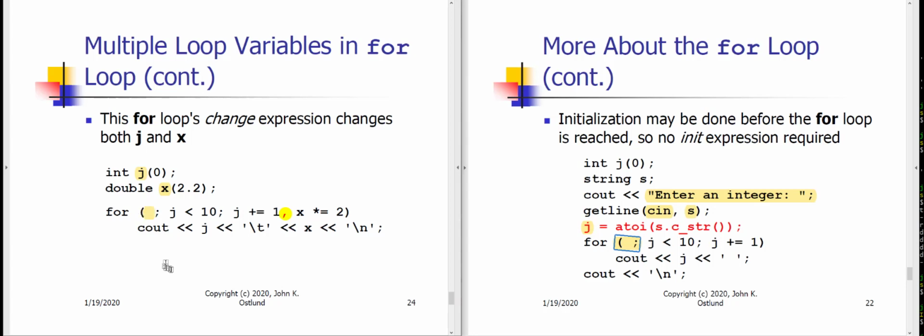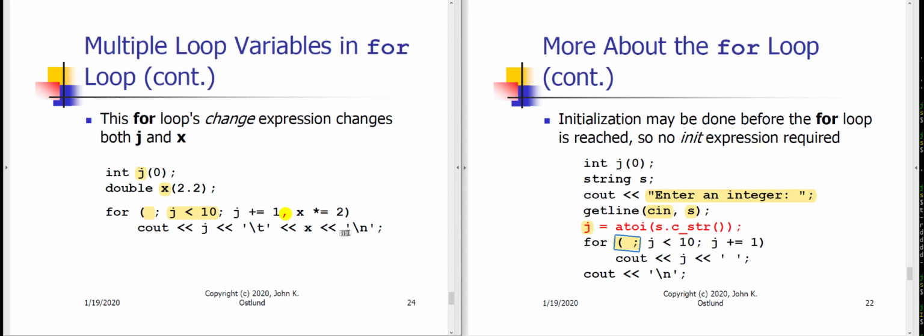The initialization part here is empty. I am then testing whether j is less than 10. If j is less than 10, I'm going to display the value of j, which the first time through is going to be 0. Then I'll display a horizontal tab, and then I'll display the value of x, which is 2.2.